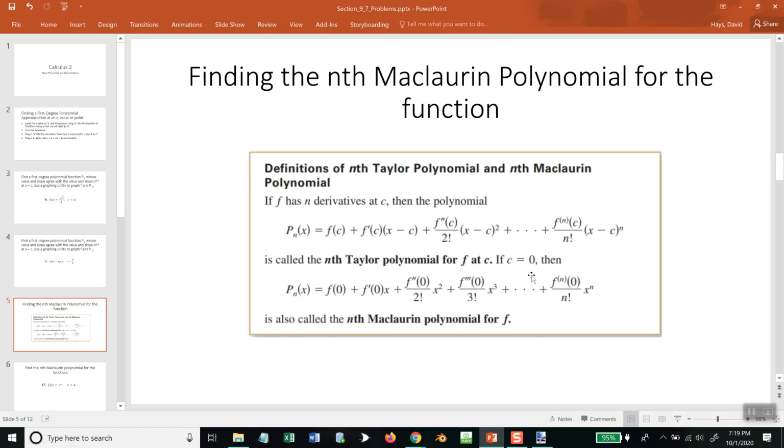If c is equal to 0, then that's our formula we use, and that's called the nth Maclaurin polynomial for f.